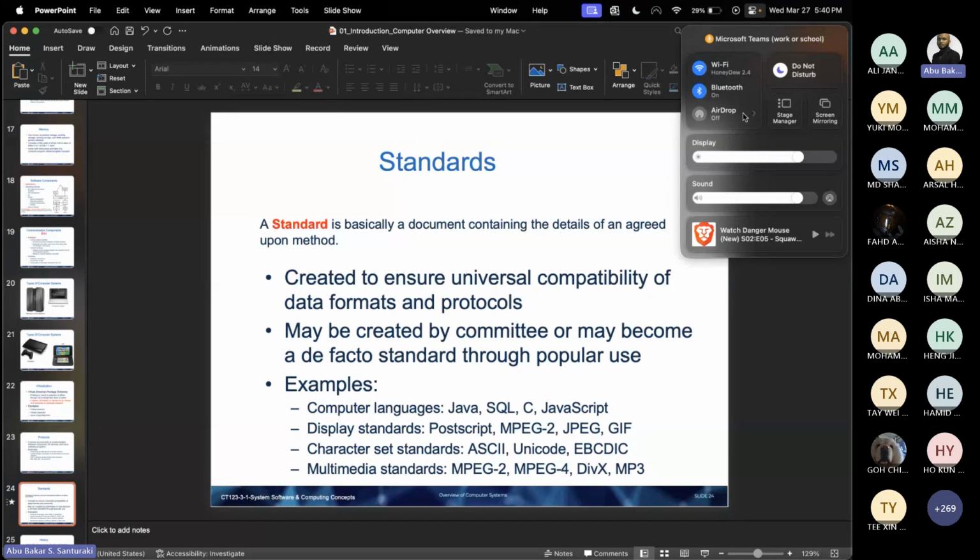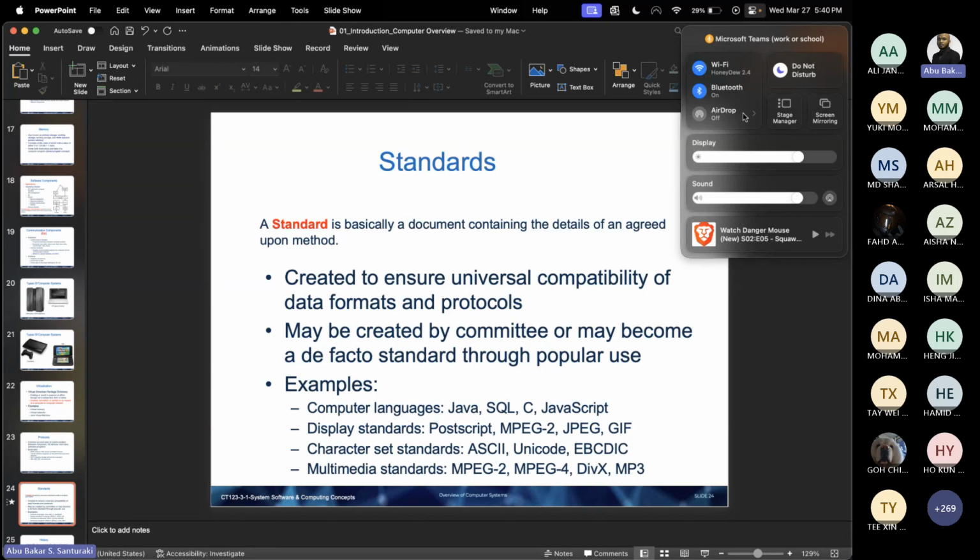So AirDrop is Bluetooth, but it is only a protocol. It's not a standard. Why is it not a standard? Because it's not universal. Other devices can't use it. This is proprietary technology. Only Apple devices have this.